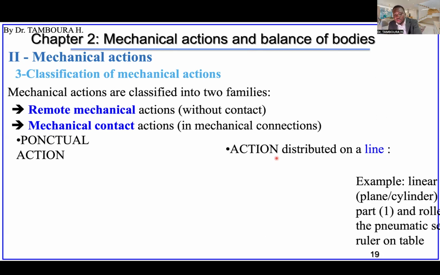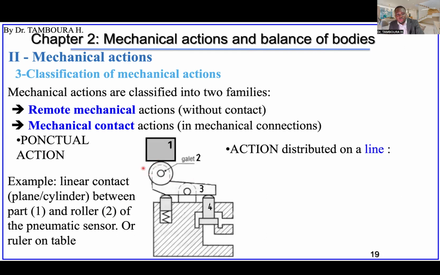Here we have an example with two elements, this box and this cylinder. We can represent it like this. In this view, we have this cylinder here and this box. So the point of contact is just like a line. It is not a point actually, it is a line.